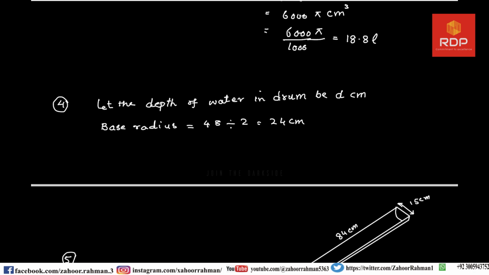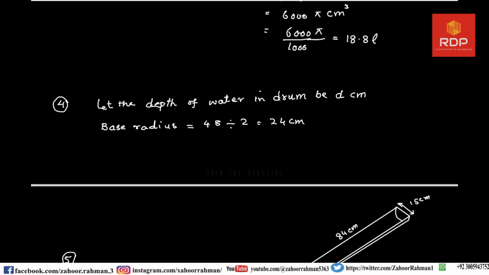Now let us turn our focus to question number 4. 150 liters of water are poured into a cylindrical drum of diameter 48 centimeter. Let us consider that the depth of the water in drum be d centimeter.